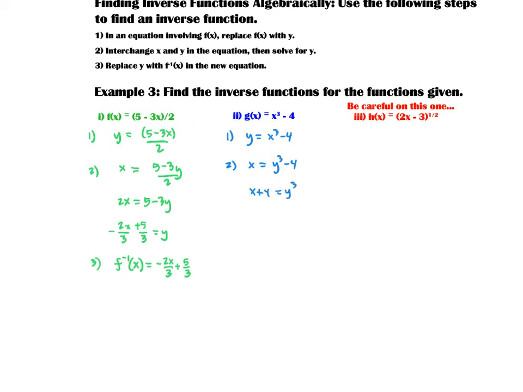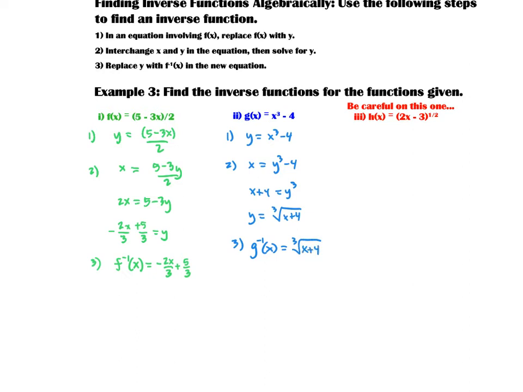That'll be y cubed. And then I'm going to do the inverse operation of y cubed, which is the cube root of x plus 4. Step 3, I'm going to write it in inverse notation. G inverse of x should equal the cube root of x plus 4.